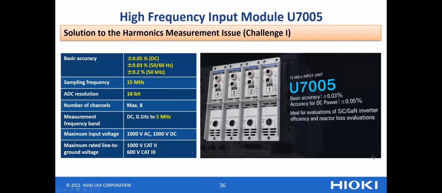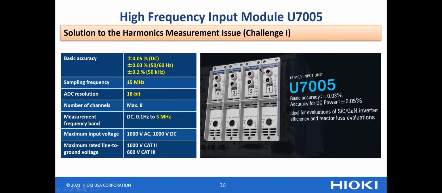So the next point is the input module. The U7005 is a high frequency input module, which offers the highest accuracy, the highest sampling frequency, and the widest bandwidth, up to 5 megahertz.